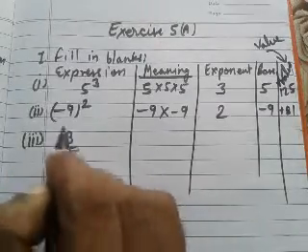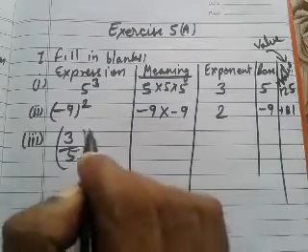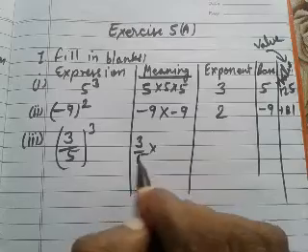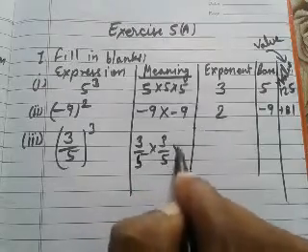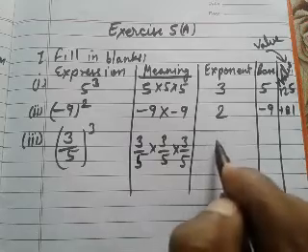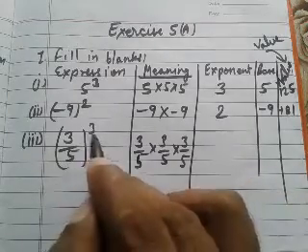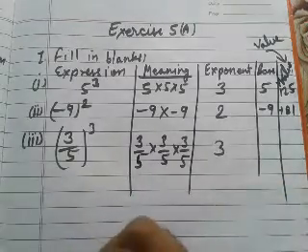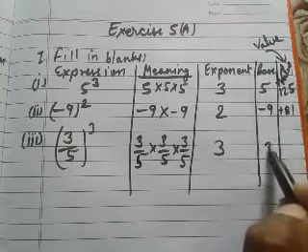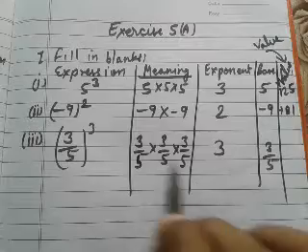Next one is 3 by 5 to the power 3. It means 3 by 5 is multiplied 3 times, as I have written here. Its exponent is its power, which is 3, and its base is 3 by 5. And what is its value?